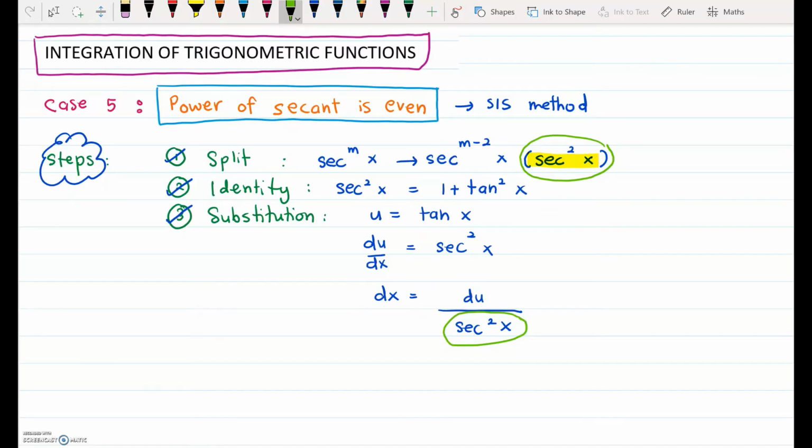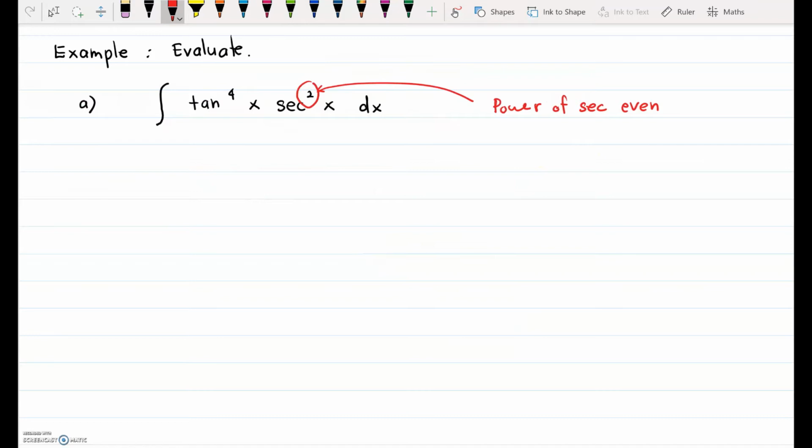Let's continue with the first example. Find the integration of tangent to the power of 4 x and secant square x dx. This is case number 5, where the power of secant is even, so you can also solve it using the SIS method.